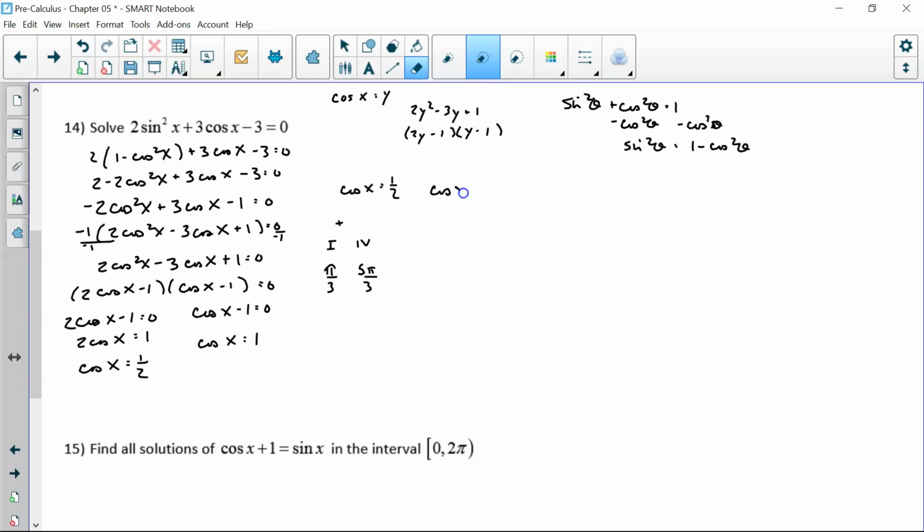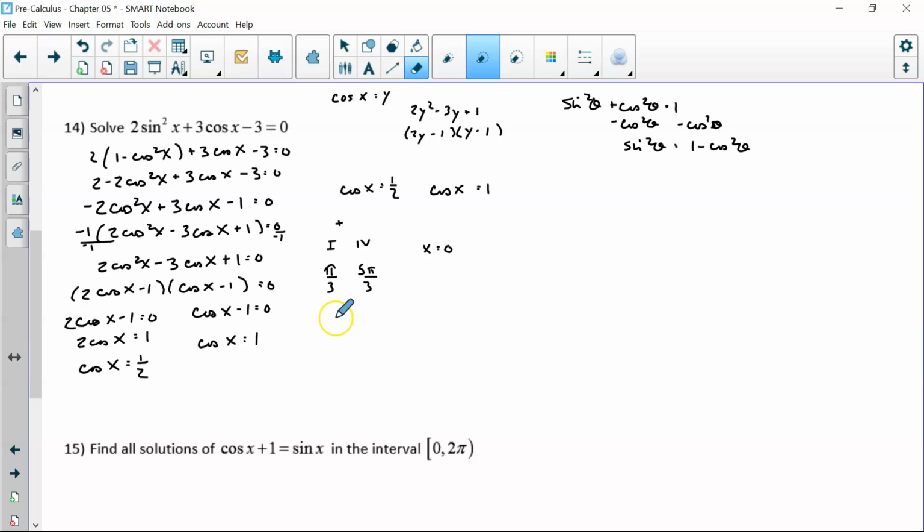Now for cosine of x equal to 1, that's going to be at a quadrant angle. That's when x equals 0. That's at a quadrant angle, right there where quadrant 1 and quadrant 4 meet.